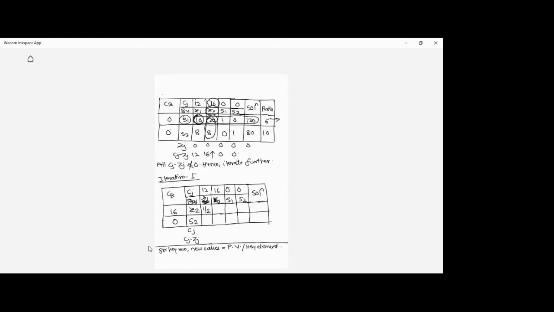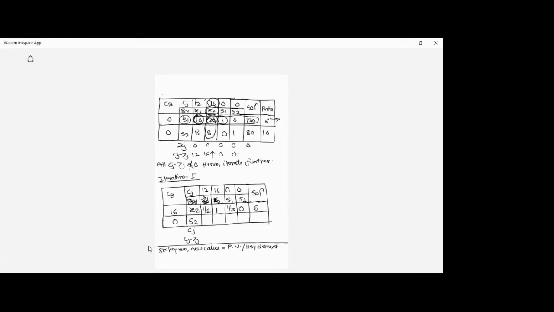So it will be 1 by 2. Next we have 20 divided by 20, so it will be 1. Next we have 1 divided by 20, so it will be 1 by 20. Next we have 0 divided by 20, which is 0. And next we have 120 divided by 20, and it is nothing but 6. Right? So I'm hoping that you have got how to obtain the new values in the key row.